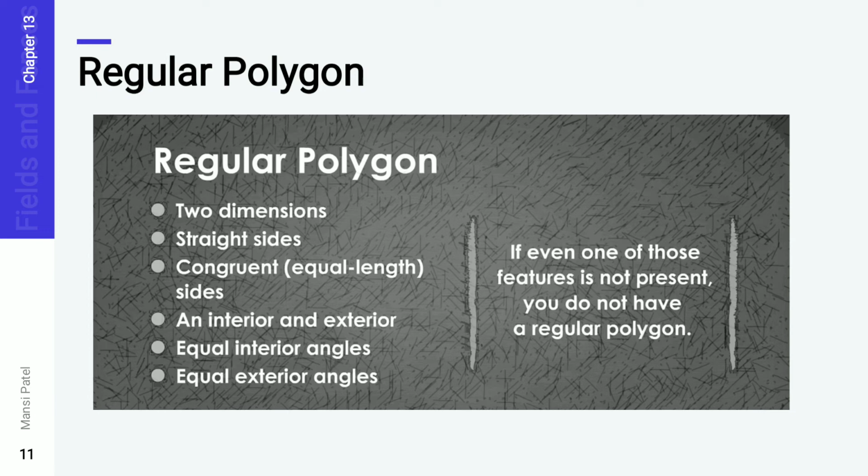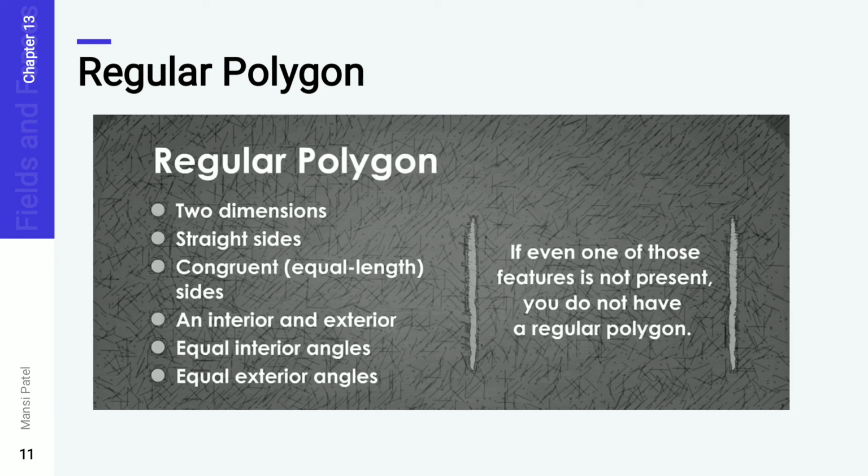And the third condition is that the lengths of all the sides should be equal. Equal means what? If one side is 3 centimeters, then all other sides should be 3 centimeters only. If all the sides of a shape are the same, then it is known as a regular polygon.